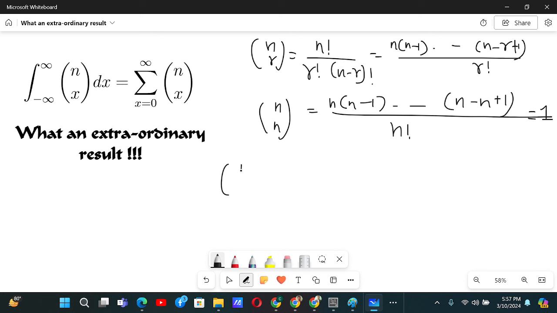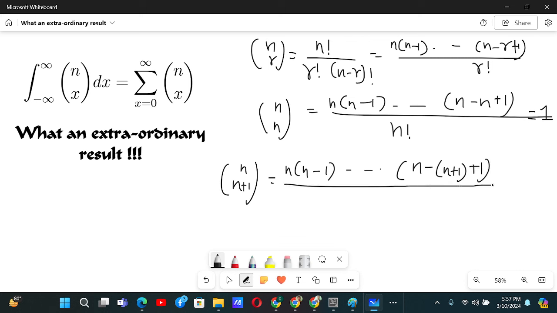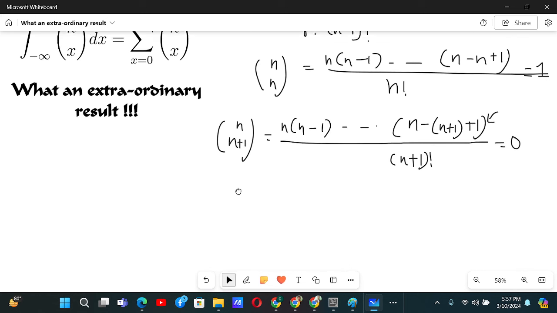Now if I want to find n choose n plus 1, that will be n times n minus 1, and so on, and the last term is n minus (n plus 1) plus 1, divided by n plus 1 factorial. Now this last term is actually 0. So since this term is 0, the entire product will also be 0. Yeah, please note these steps.